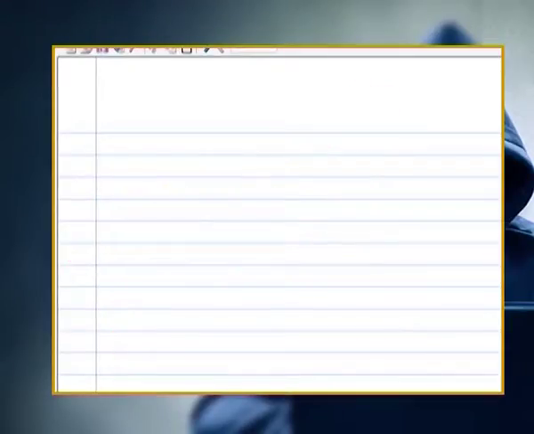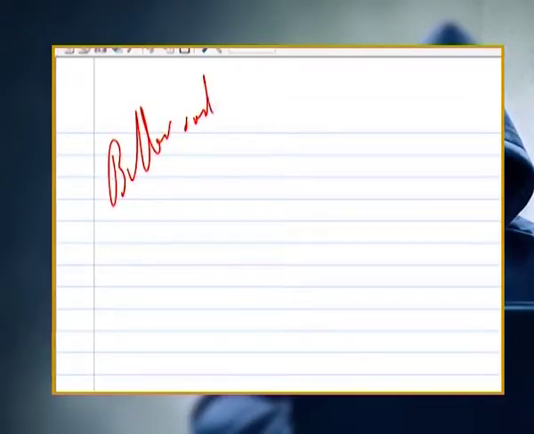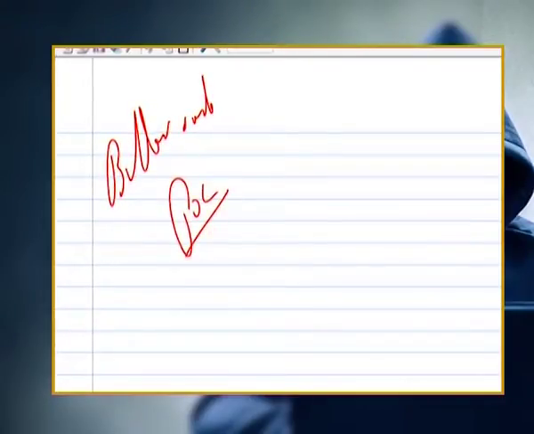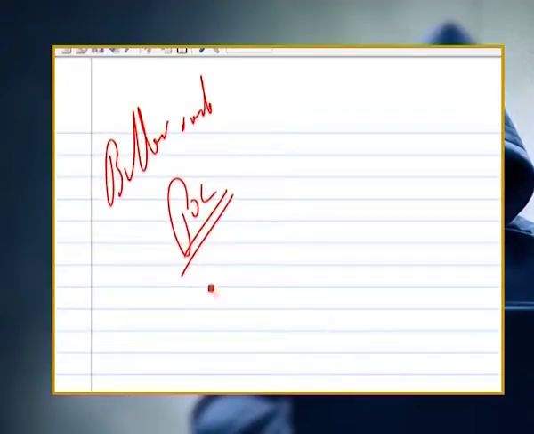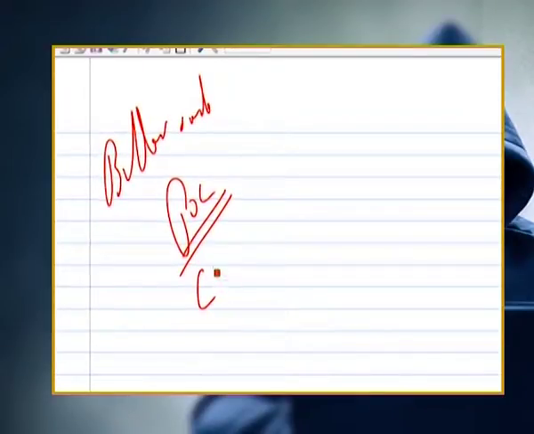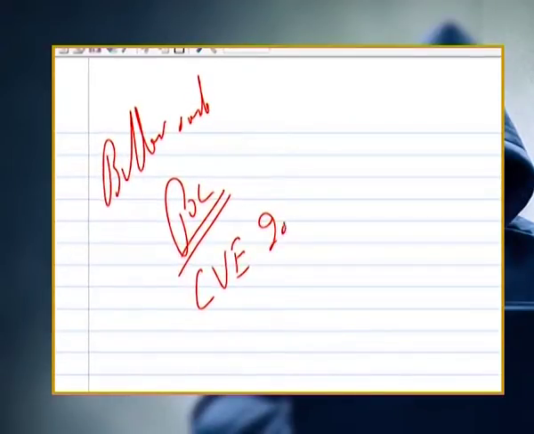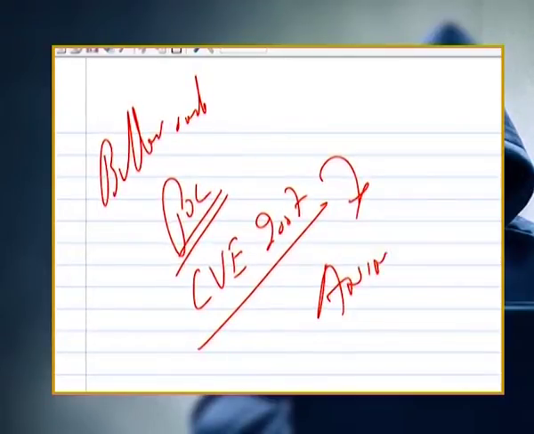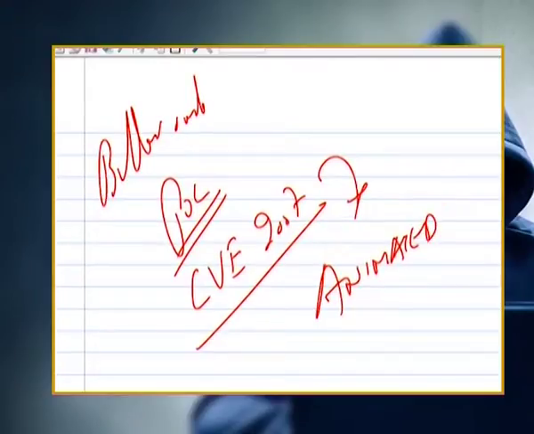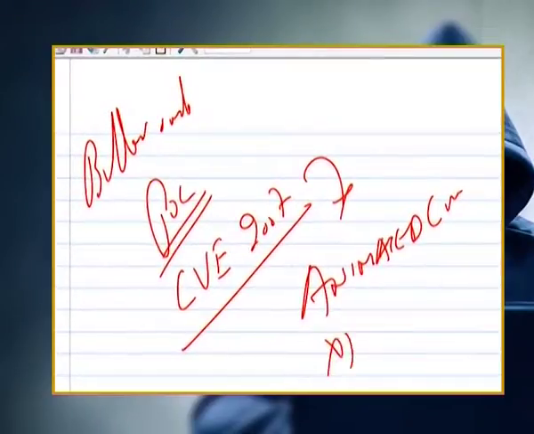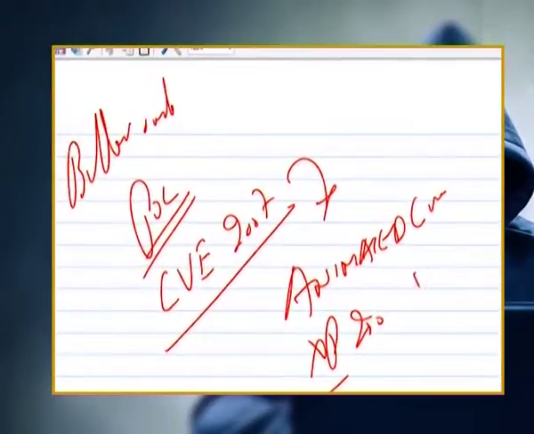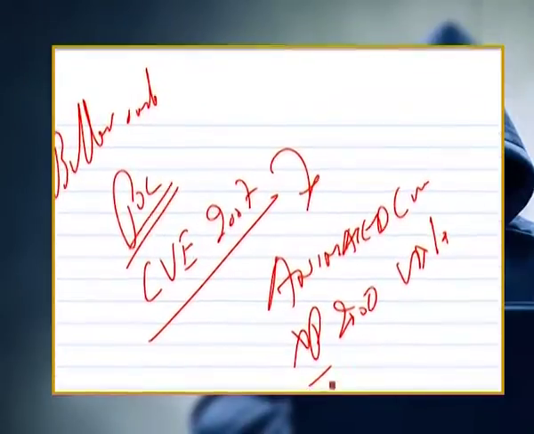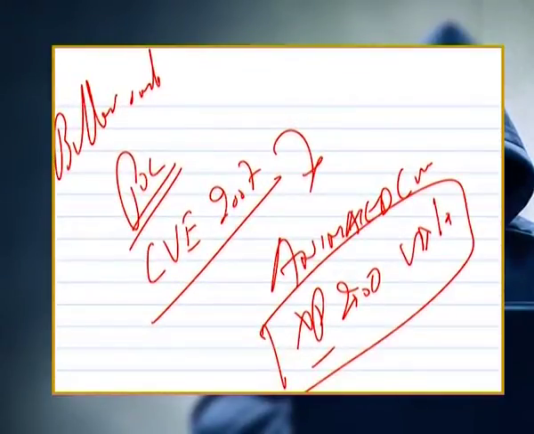So, we learnt about buffer overflow, and we have seen a proof of concept, and this proof of concept was CVE 2007, the animated cursor vulnerability, and this exposes Windows XP, Windows 2000, Windows Vista, as was written in the advisory which was published on the website.